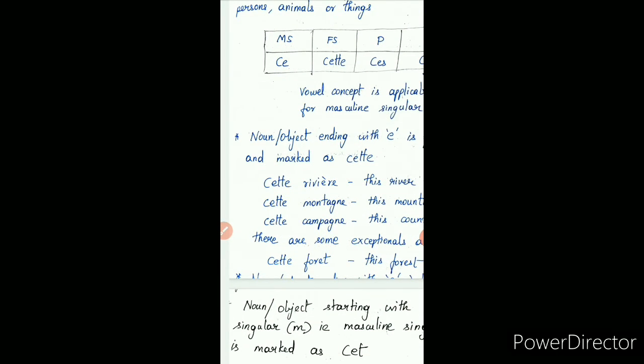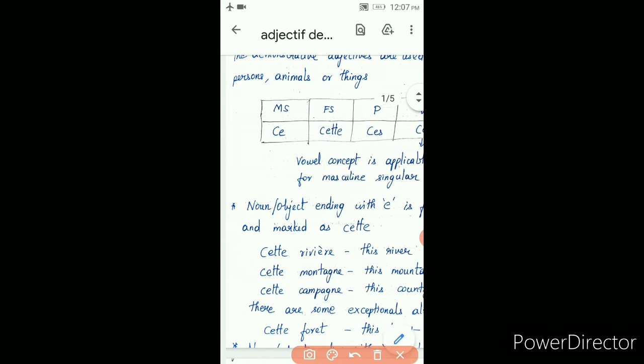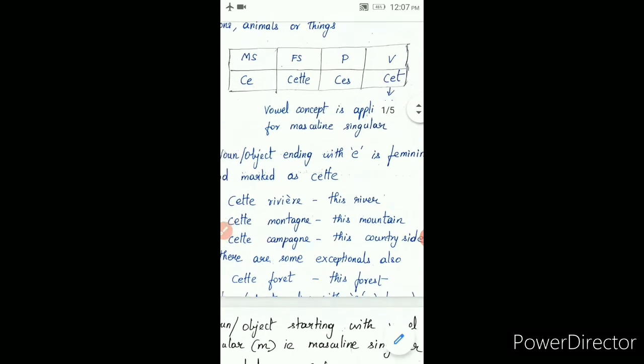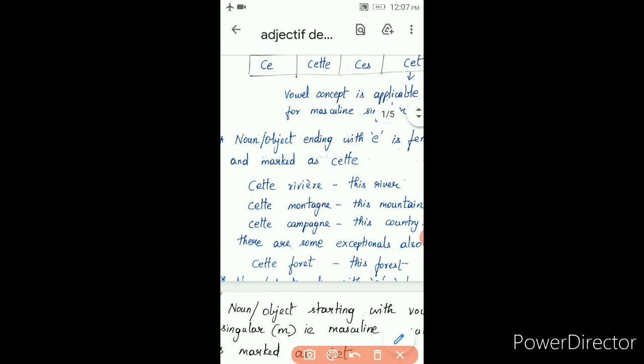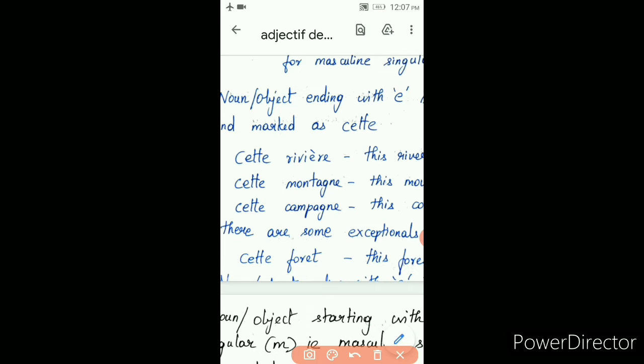Now let us see in which case we use ce, which case we use cette, which case we use ces, and which case we use cet. First, as usual, noun or object ending up with e is feminine and marked as cette. Listen here carefully. It is ending up with e.